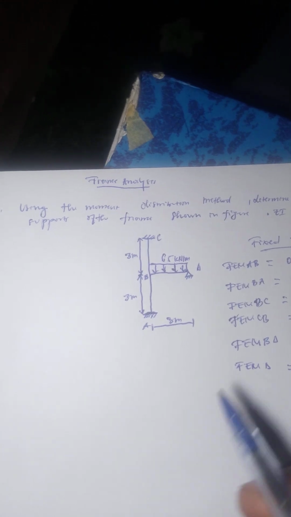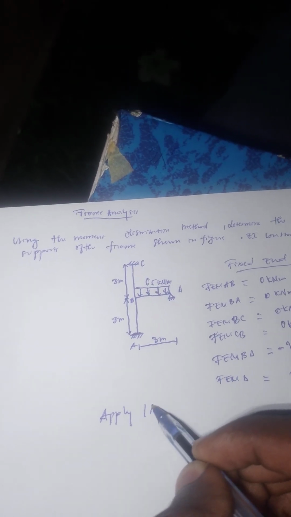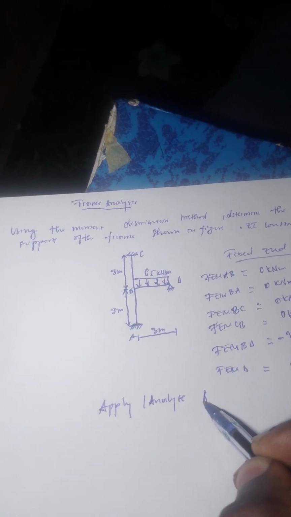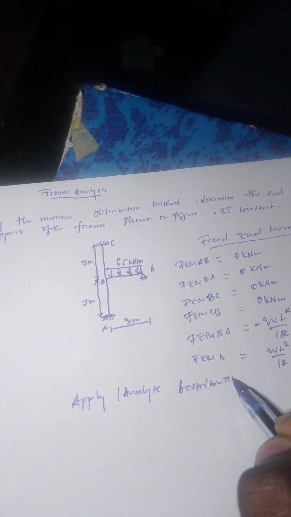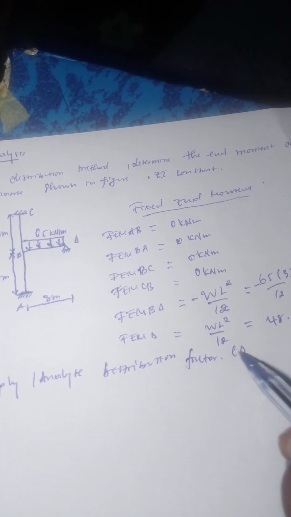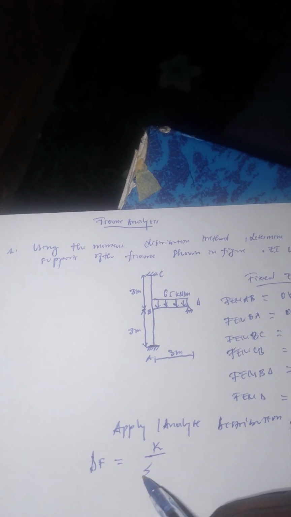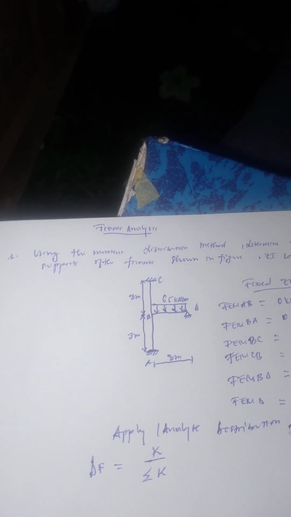Then when we analyze the frame by using moment distribution, we apply the distribution factor. Distribution factor, DF, is equal to member stiffness over summation of member stiffness.